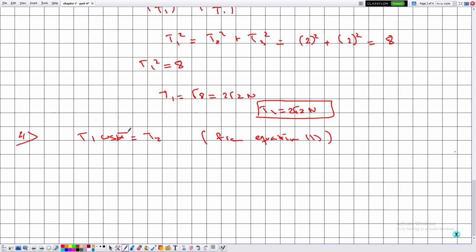We are solving for alpha, then cosine alpha is equal to T2, which is 2 over 2 radical 2, which is equal to 1 over radical 2, which is equal to radical 2 over 2. And note that cosine alpha is a dimensionless quantity, so in this case the value of alpha is given by 45 degrees. So alpha is equal to cosine minus 1 of radical 2 over 2.